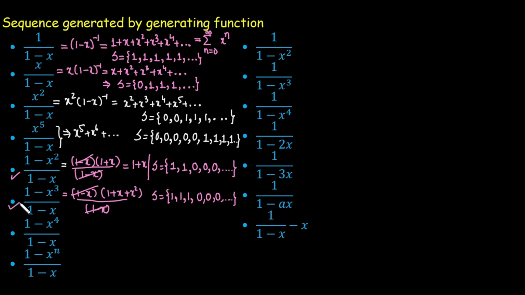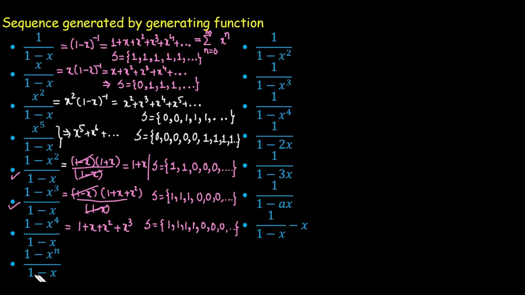Observe this term and this term. In this case, we are getting 1 plus x. In this case, we are getting 1 plus x plus x square. And when I increase the power of x here, we will get the final series of the form 1 plus x plus x square plus x cube. From here we are getting the sequence of the form 1, 1, 1, x cube coefficient 1, x raised to power 4 coefficient is 0 and all other subsequent terms are 0.